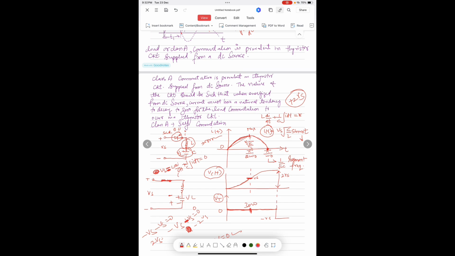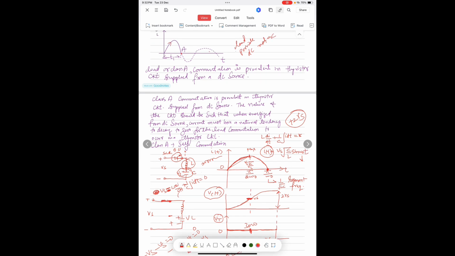At the particular point of time, pi by 2 omega naught, it charges up to the value Vs. As we have given, current passes through the thyristor, then the inductor, and then the capacitor charges to the value of Vs. Now we have seen these underdamped oscillations and it reaches zero.